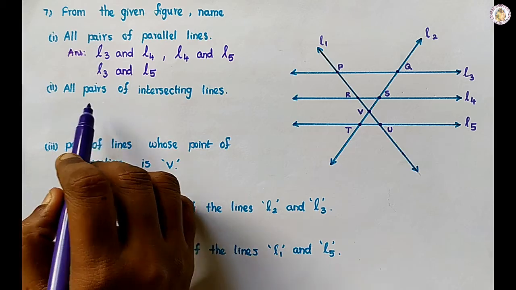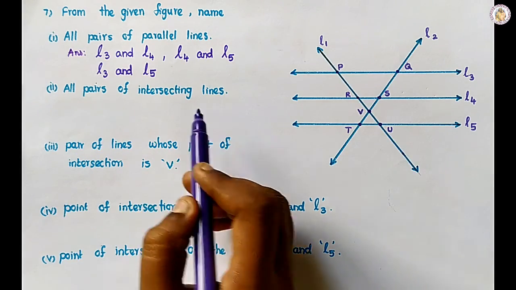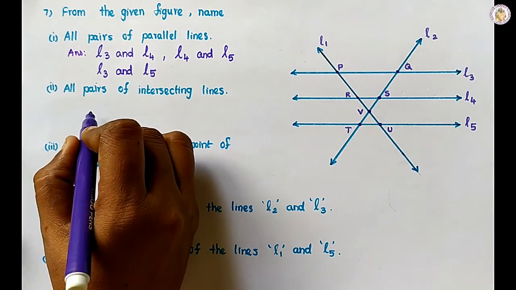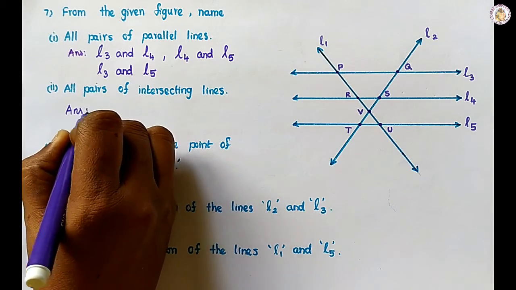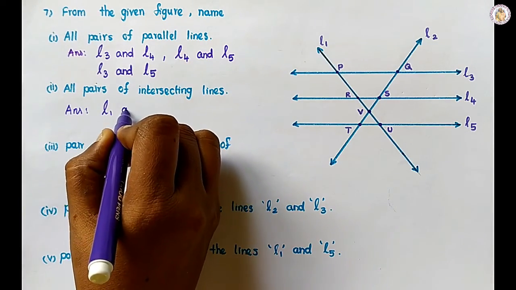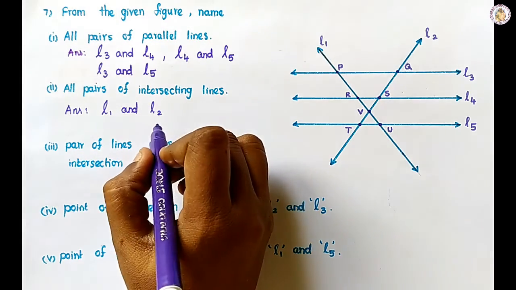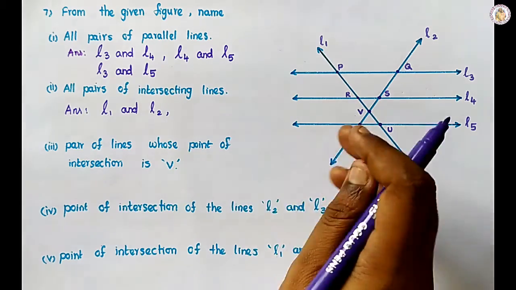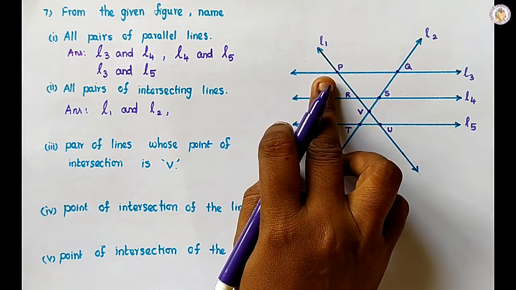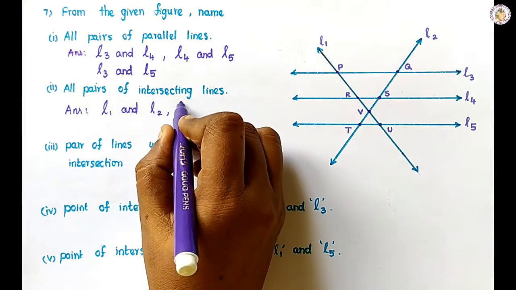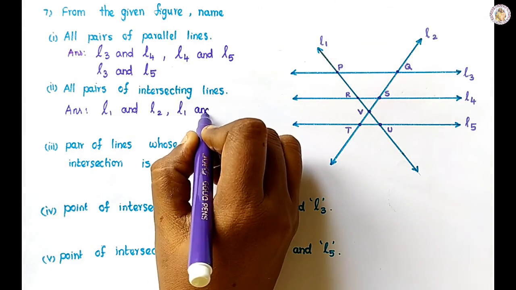Second one, all pairs of intersecting lines. Listen, L1 and L2 are the pair of intersecting lines. So write down L1 and L2. And then L1 and L3 also intersecting lines.